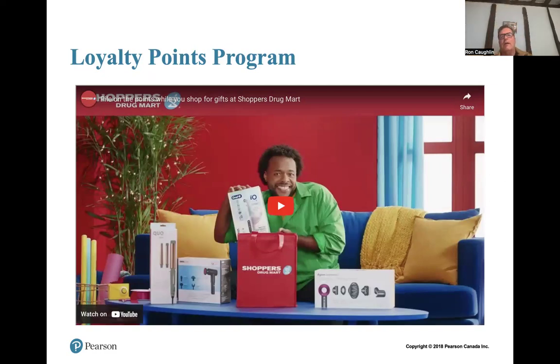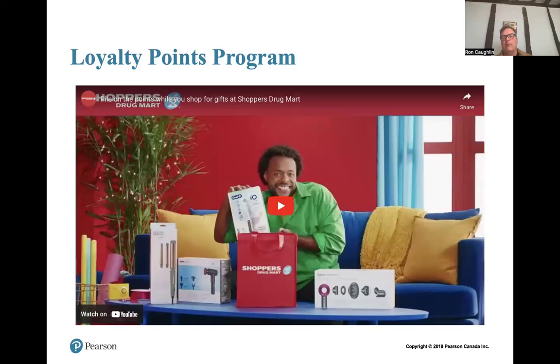This is also available at Loblaws, PC President's Choice, Real Canadian Superstore, No Frills, which are owned by the Weston Group. So a number of years ago, the Weston Group, which owns a large number of grocery chains, put together a program called the PC Points.